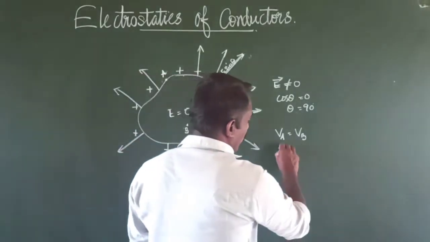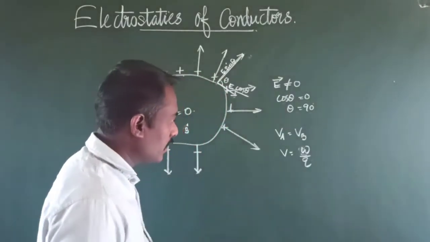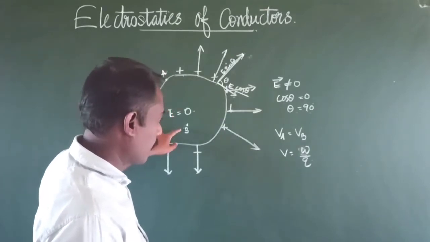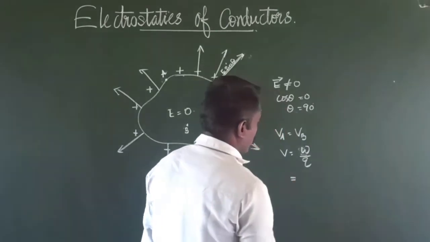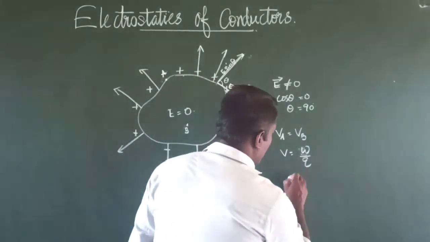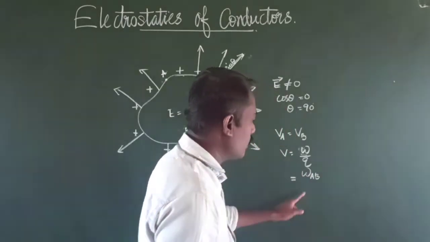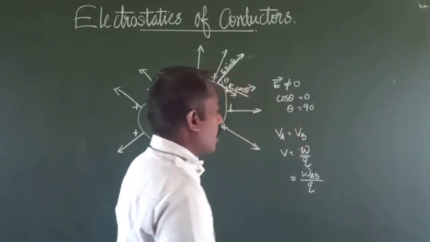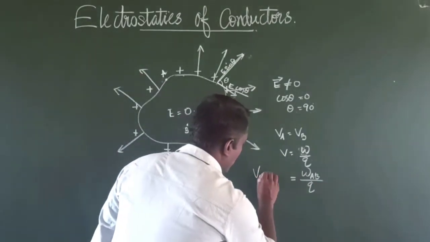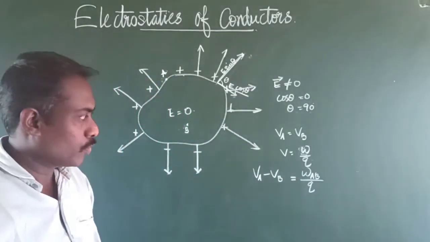We know that potential V is equal to work done divided by Q, that is W divided by Q. And here we are considering a point from A to B. So the total work done will be for bringing a unit charge from the point A to B. So we can say that the work done for bringing a charge from the point A to B, that is WAB divided by Q, gives the potential difference, that is the potential at the point A minus the potential at the point B. So VA minus VB is equal to WAB divided by Q.